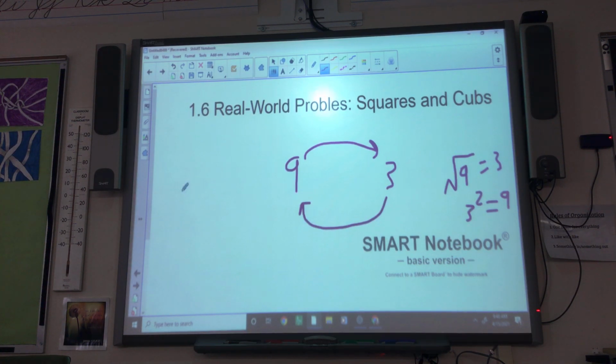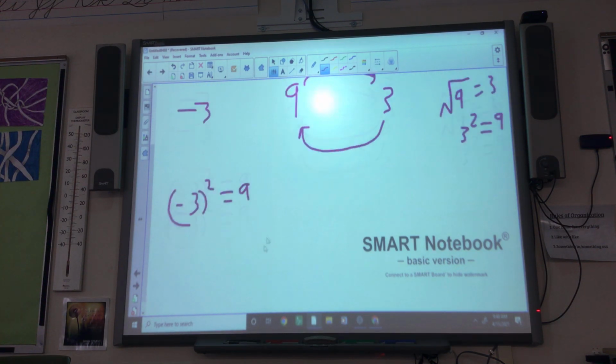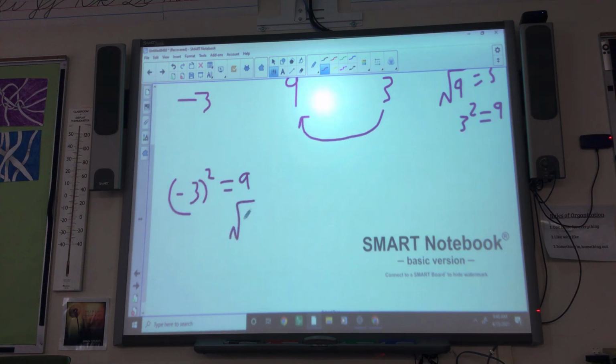The other thing is, though, what about negative 3? What is negative 3 squared? Still 9, yeah. It's still 9. What about the square root of 9?